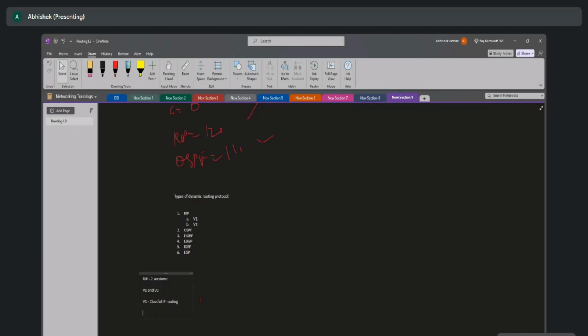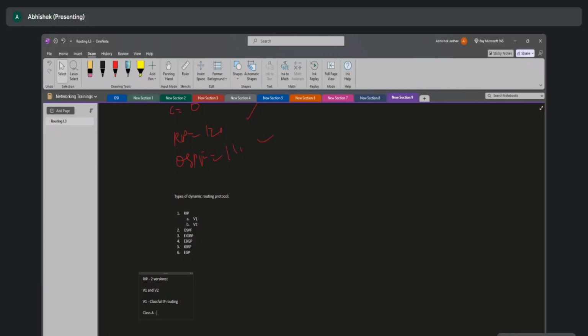Classful IP routing is nothing but utilizing the entire IP range. Let's say you are a very big organization and you have adopted class A. So you are thinking that let me use class A IP addressing within my organization and you want to configure routers with RIP, right? So if you use RIP version 1, it is not going to ask you for subnets.